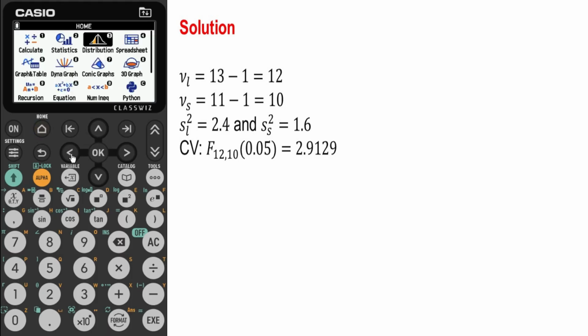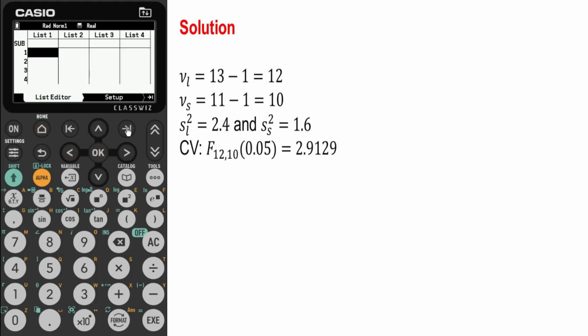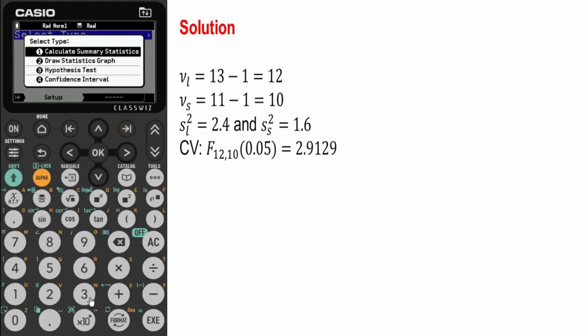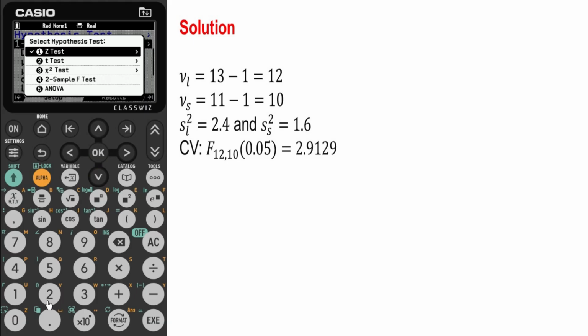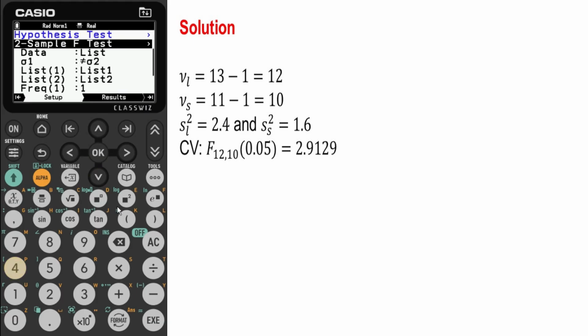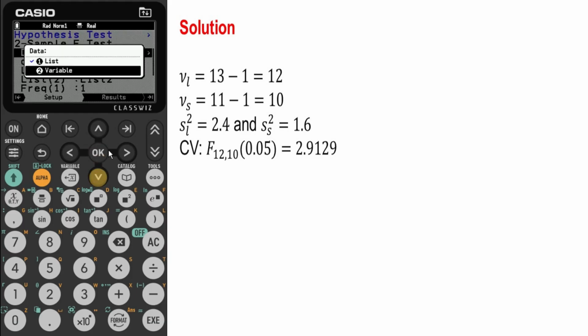If we go to the statistics application, then hypothesis test, we have a 2-sample F test. We have data from variable.